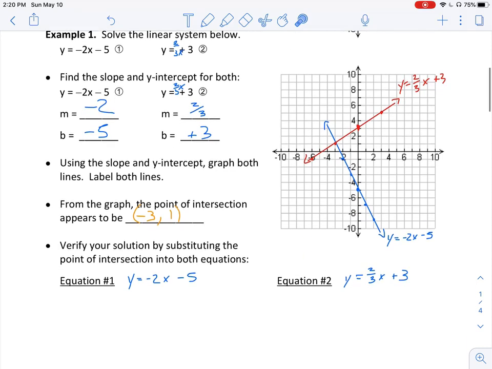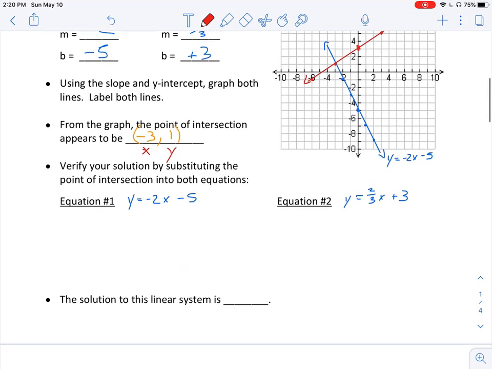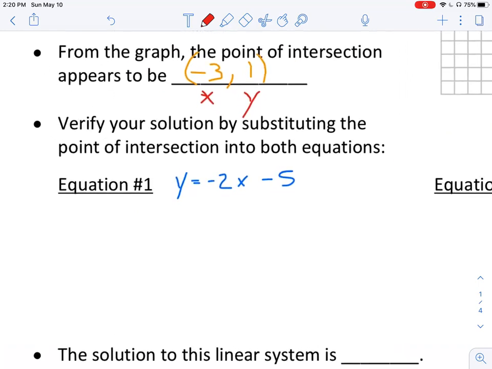Our final step is to verify your solution by substituting the point of intersection into both of the equations. Again, we have our x value and our y value, and I'm going to plug them into each equation. The first equation I have is y equals negative 2x minus 5.